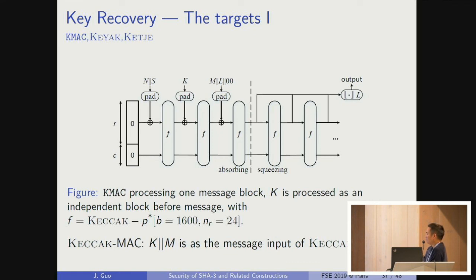And there will be some padding applied to the message, and this is following the sponge again. The difference between KMAC and KCHAC-MAC is that KMAC is processing the key as an independent block. However, for KCHAC-MAC, the key might not be a complete independent block. It is concatenated with the message, so some message bits might be processed together with the key.